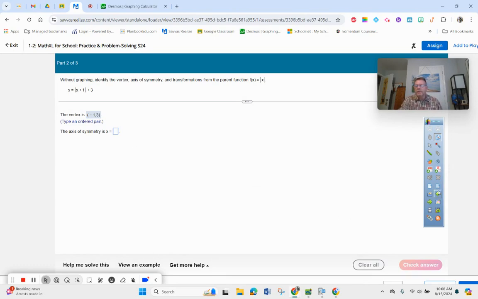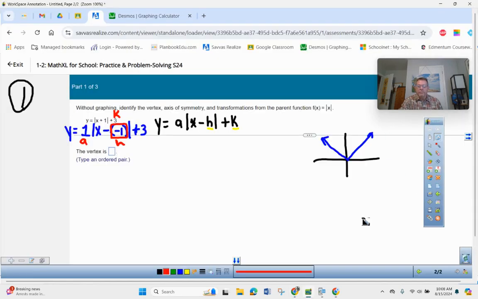Now, the axis of symmetry. What is that? Just as a refresher, the axis of symmetry is the line, which we can usually draw dotted, that goes right through the vertex of an absolute value or a parabola. A vertical line is going to be x equals some number, while a horizontal line is y equals a number, right?